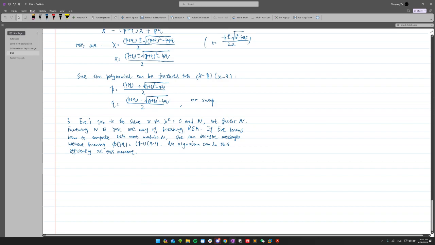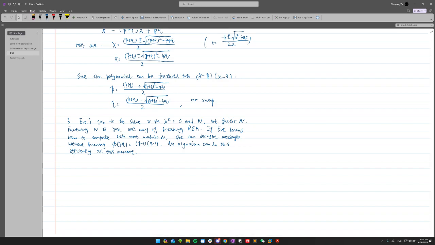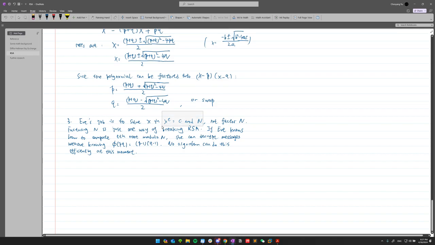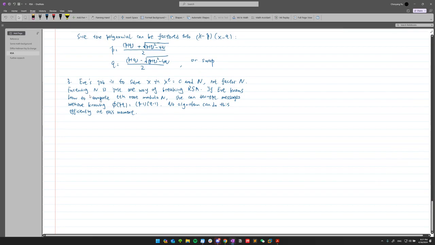That's saying if I can compute the eth root of this congruence, even though I have no knowledge about P and Q, I can break the system. So if some people claim that the security of RSA depends on integer factorization, that's not 100% correct. Okay, so this is what I see on the internet, right? I capture this encrypted message. If I can take its root, I can just recover the message without computing P and Q. Okay, so that's all for today.